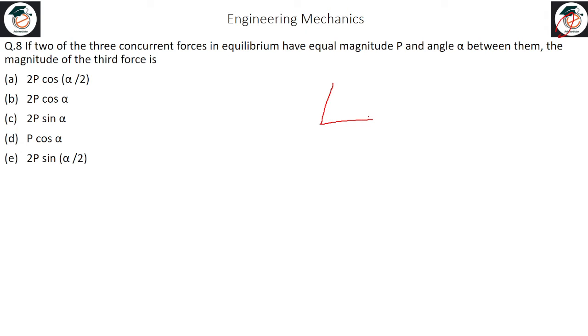Two of the three concurrent forces in equilibrium, this one is P and this one is also P, because they have equal magnitude, and the angle between them is alpha, and the resultant force equals R.